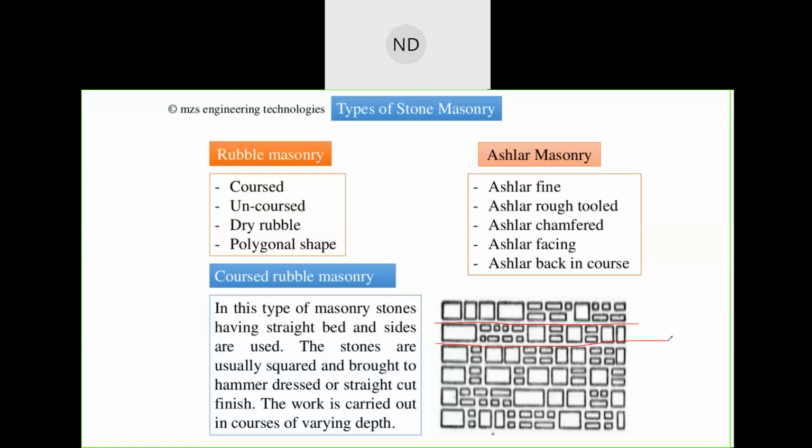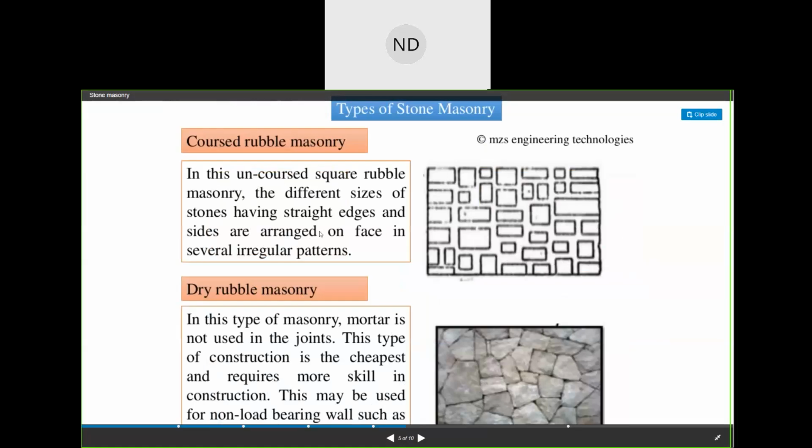So these are dressed to a straight cut finish, where you have square or rectangular shaped edges. This type of stones is used to construct this kind of wall, and that is why this is known as coursed rubble masonry. The work is carried out in courses.